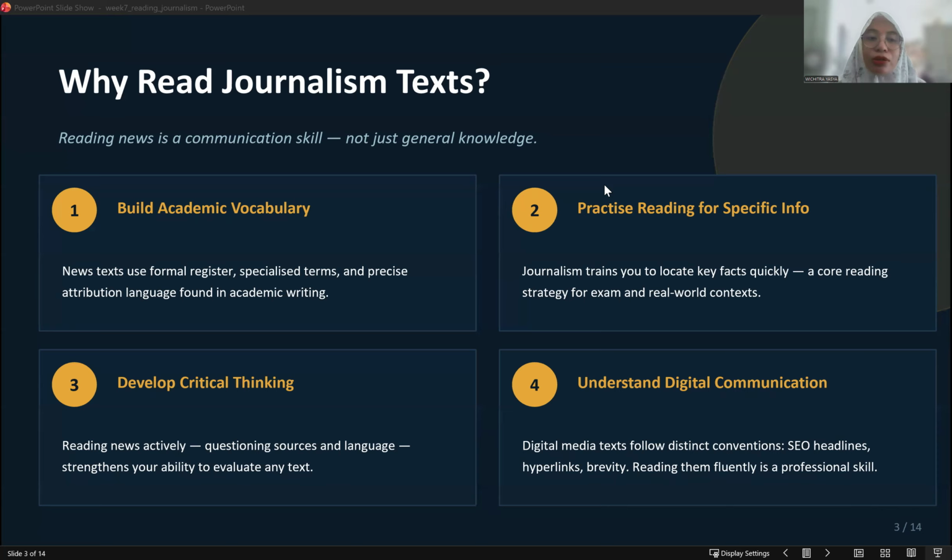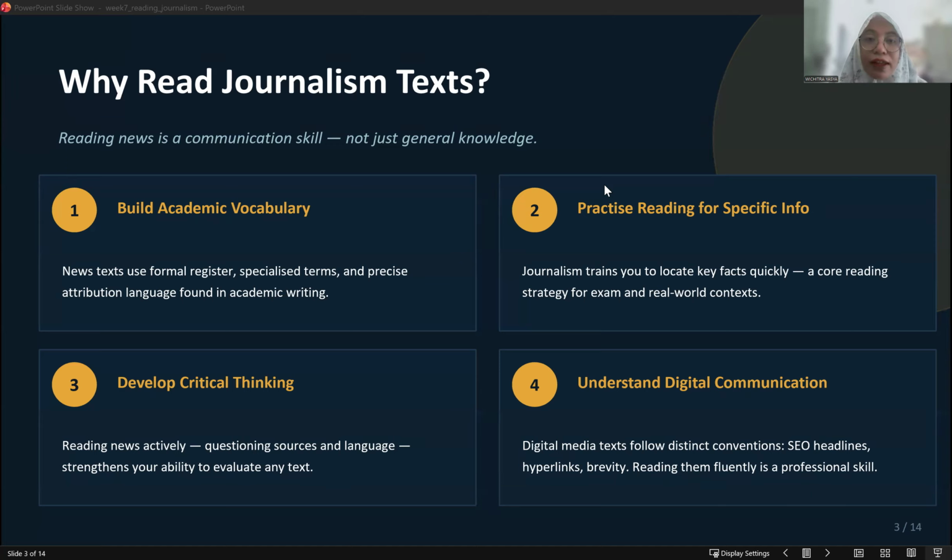News texts use formal register, specialized terms, and precise attribution language found in academic writing. And it practices reading for specific information. Journalism trains you to locate key facts quickly, a core reading strategy for exams and real-world contexts.